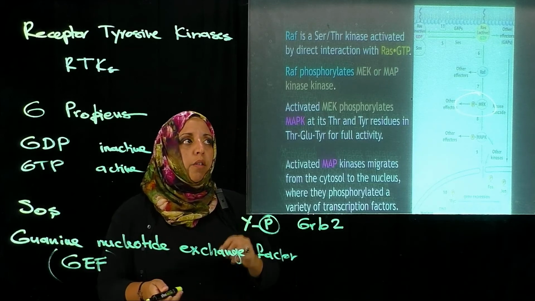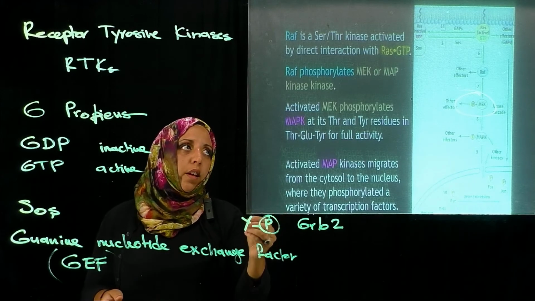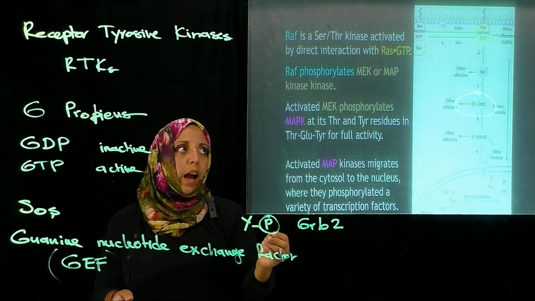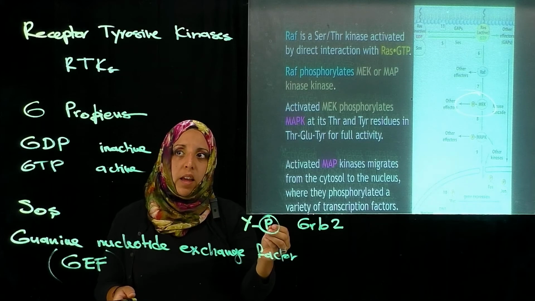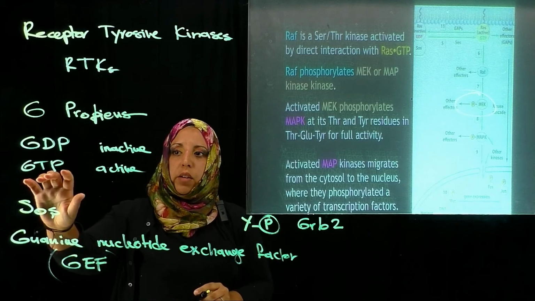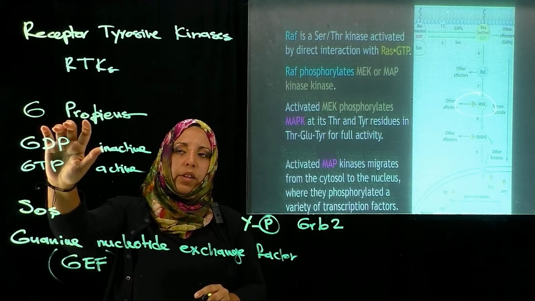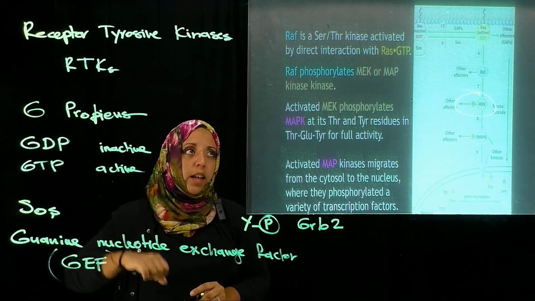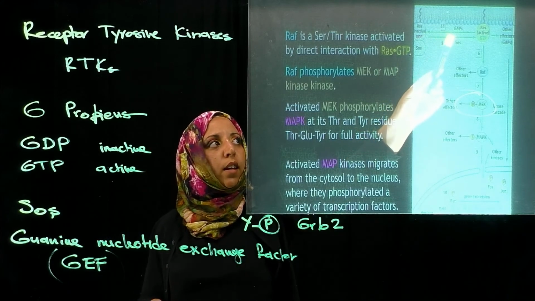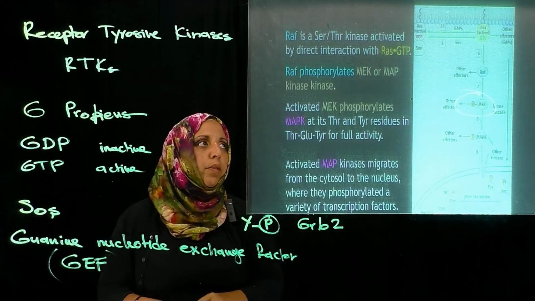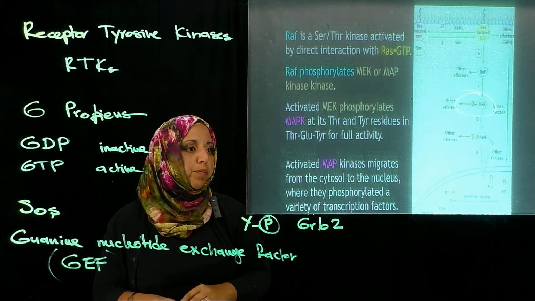So there are a number of different enzymes known as GAPs that specifically help accelerate the hydrolysis of bound GTP. Many different G proteins have associated GAPs, and that's GTPase accelerating proteins, GAPs.